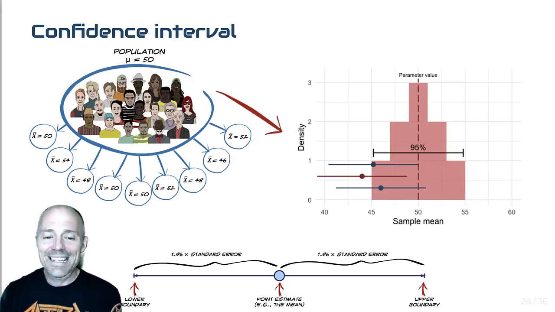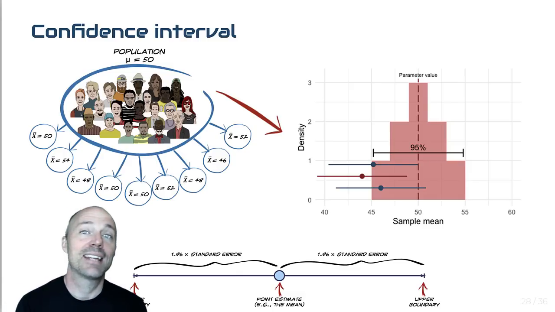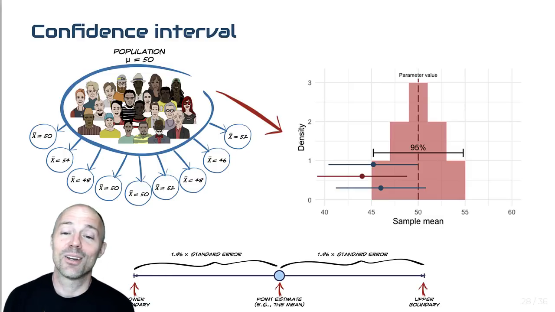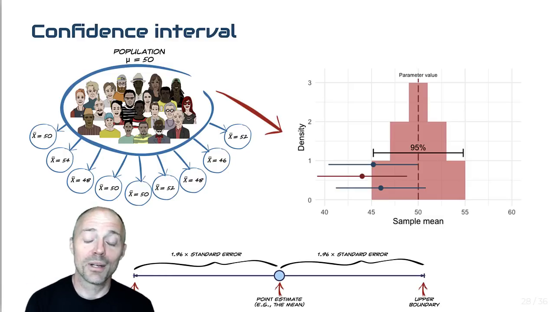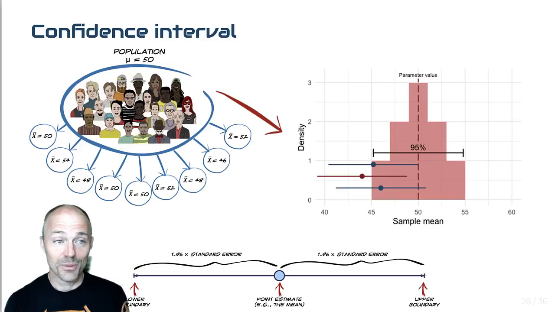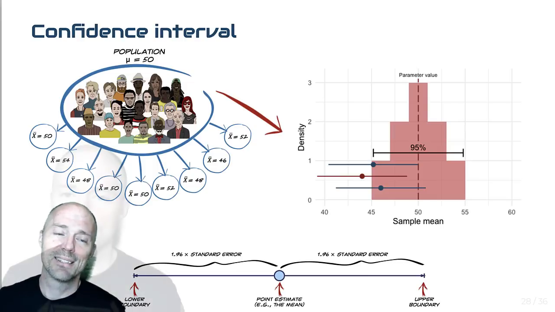So by setting a limit around the point value, which is 1.96 standard errors, in 95% of samples we will hit the true population value, and we will miss it in 5% of samples. So that's basically what a confidence interval is.